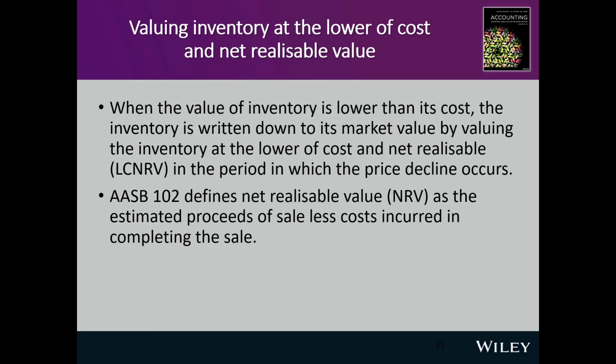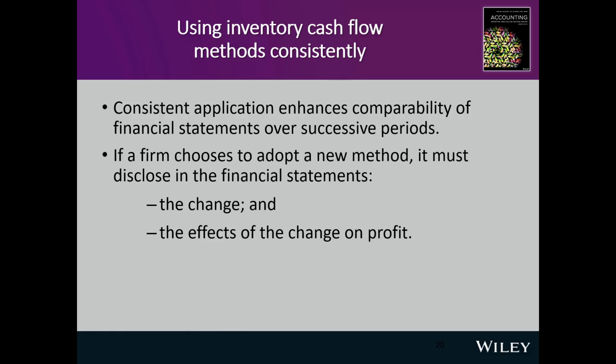So what we'll do now is we will try to determine the closing inventory and then cost of sales using first in, first out, last in, first out, and average cost.